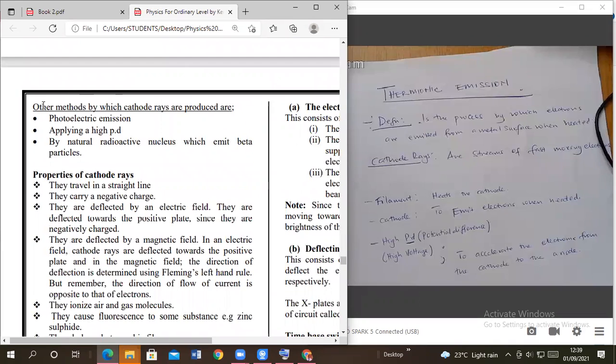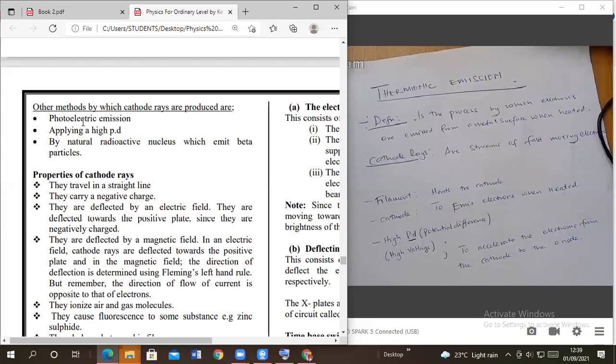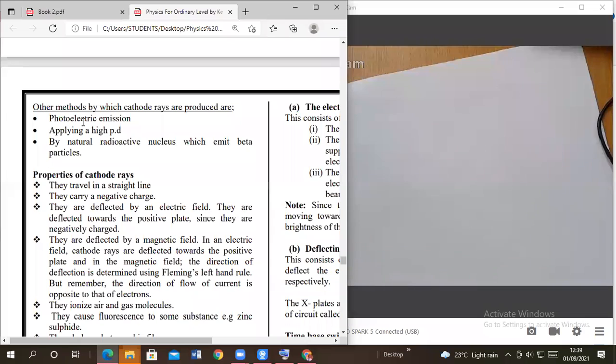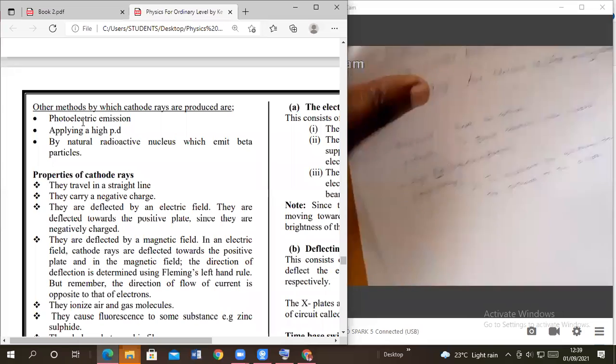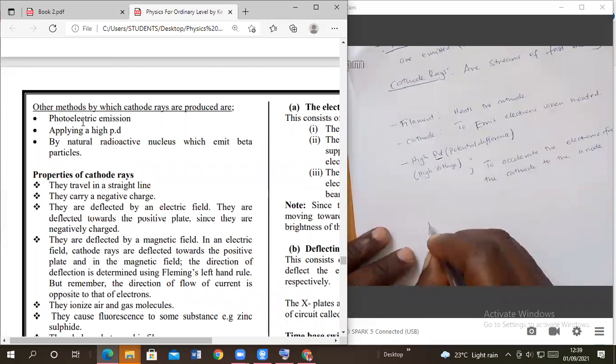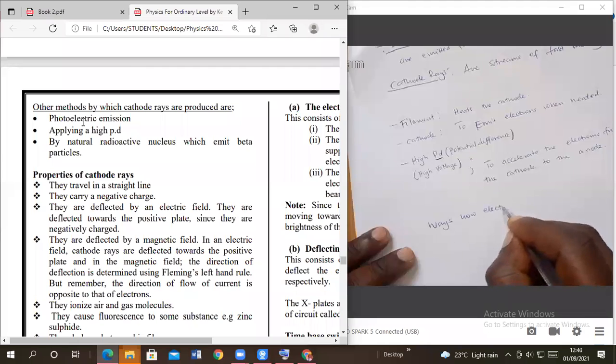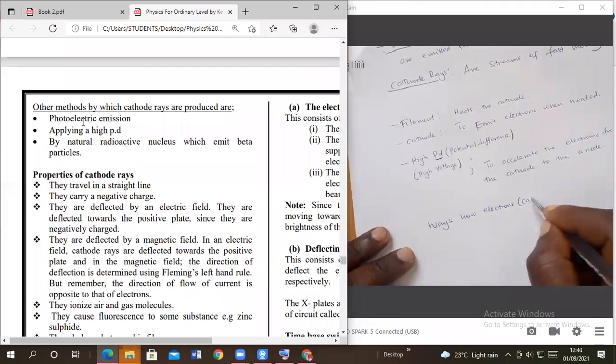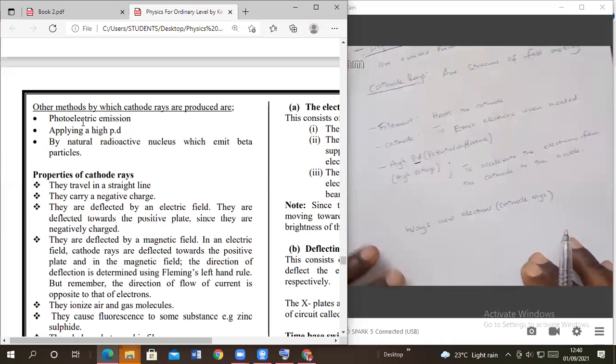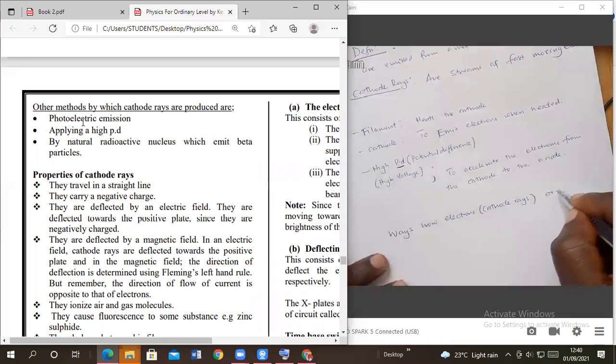Here they are telling you other methods by which cathode rays are produced. One, they are produced by photoelectric effect. Do you remember that? They are saying ways in which electrons, cathode rays, are produced.